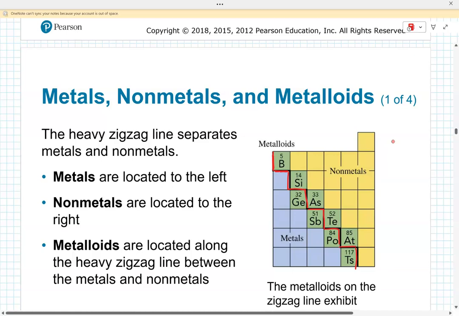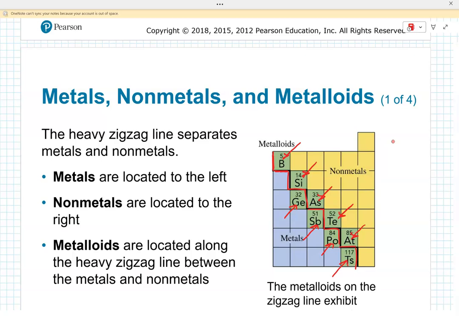So boron, silicon, arsenic, tellurium, and astatine, as well as germanium, antimony, and polonium, those are considered to be metalloids.